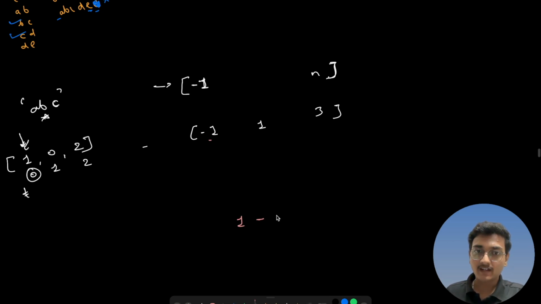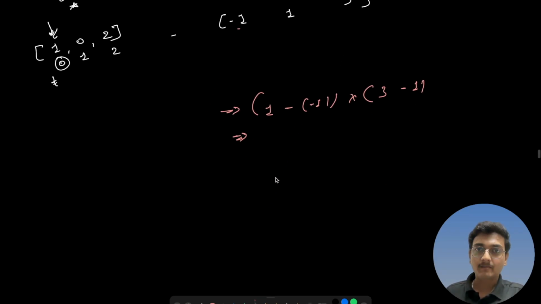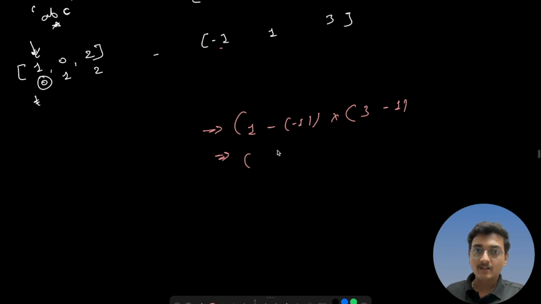What is left star? -1. Into, I need to go to right star, this is right star minus current star again. Let me work out how many substrings I can make using this. So 1 plus 1, I think 2, into 3 minus 1 is 2. I think it's giving me 4.